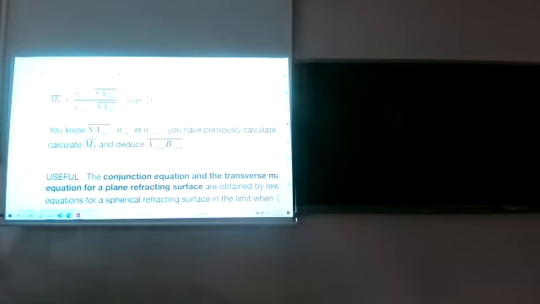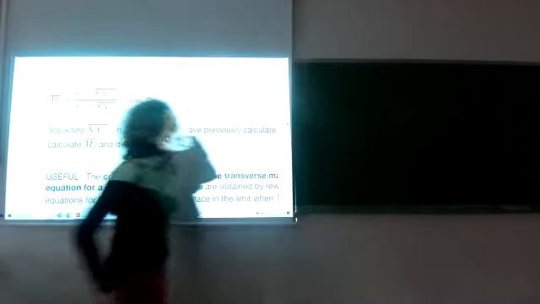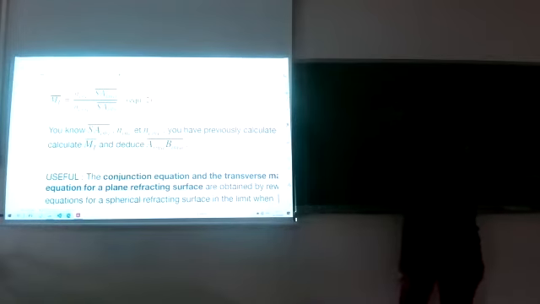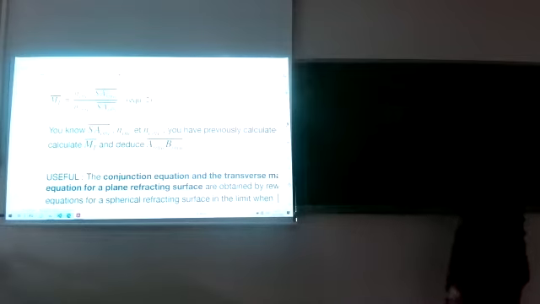Is the transverse magnification just the amplification or the reduction of the image? Yes, the definition of that is always the same. It's A'B' over AB. That's the definition.